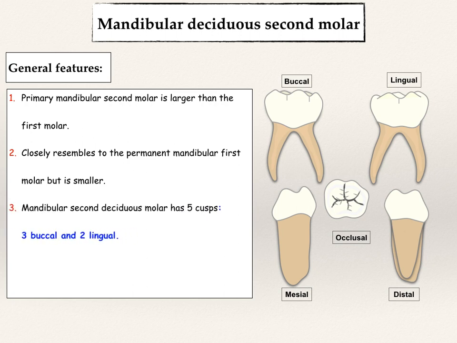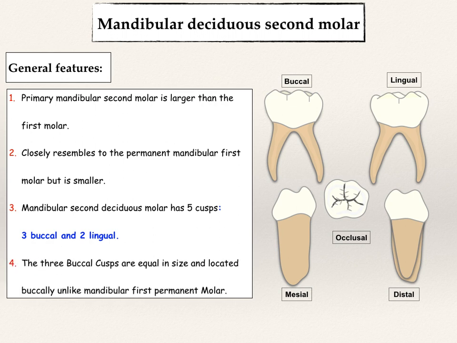It contains 5 cusps: 3 buccal cusps, mesiobuccal, distobuccal, and distal, and 2 lingual cusps, mesiolingual and distolingual. The 3 buccal cusps are equal in size and located buccally, unlike the mandibular first permanent molar.